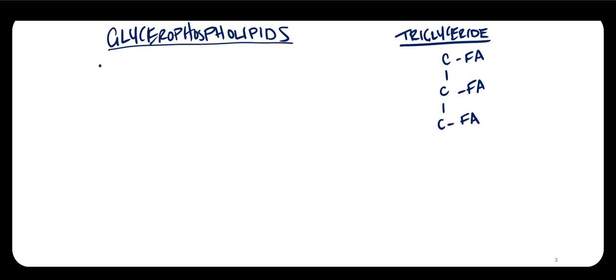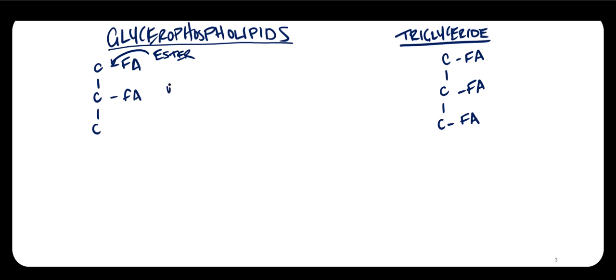We're going to start out with the 3 carbons, and we're going to have fatty acids attached to carbon 1 and carbon 2, using an ester bond most of the time. This gets a lot more relevant next try when we're actually making this molecule, but you got to start somewhere. So we're starting somewhere.